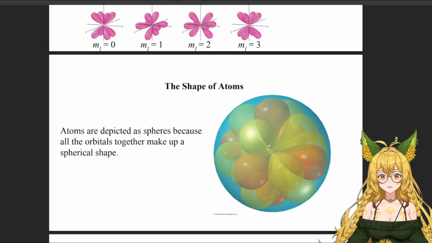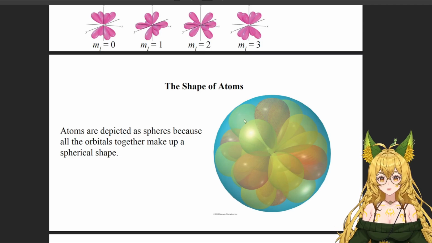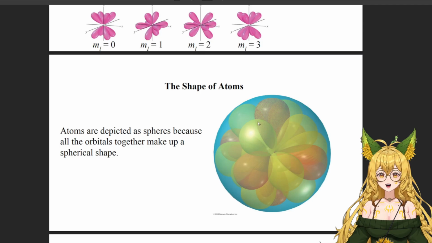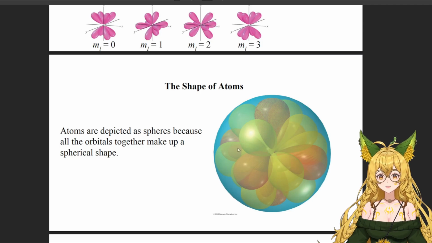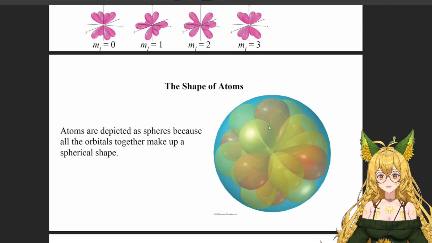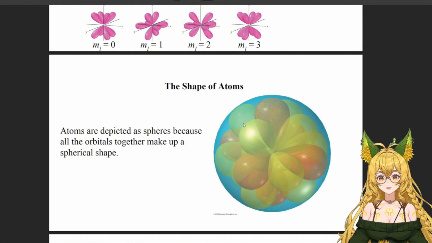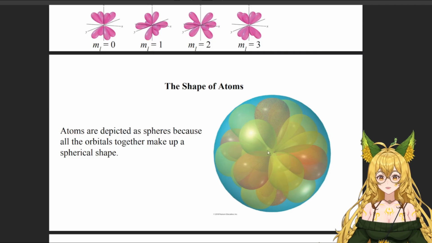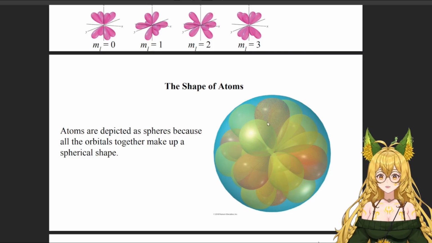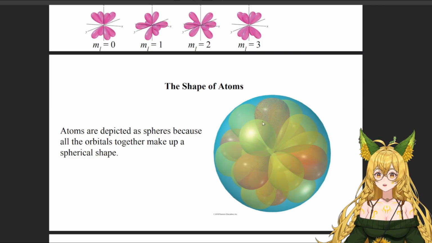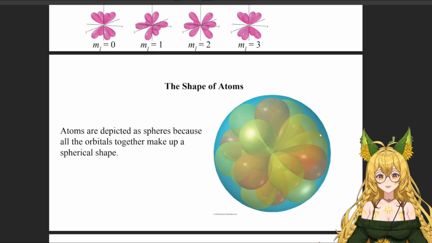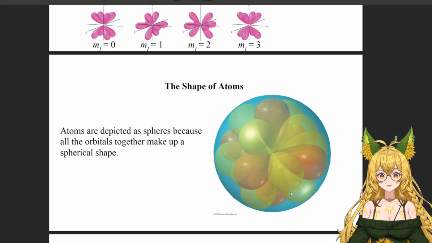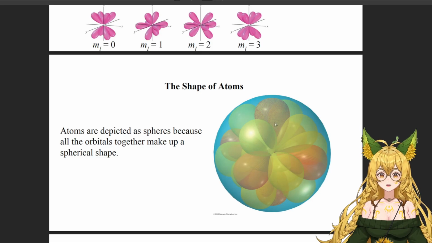Remember, these orbitals are where the electron could be. So every single one of these balloons has electrons bouncing all over the surface of it, right? This is where electrons are more likely to be. These are little clouds of electrons in their own little respective areas, right? Atoms are kind of weird, but if you think of them maybe as balloons, it could actually help you a lot. And these balloons will always be able to form a sphere shape.